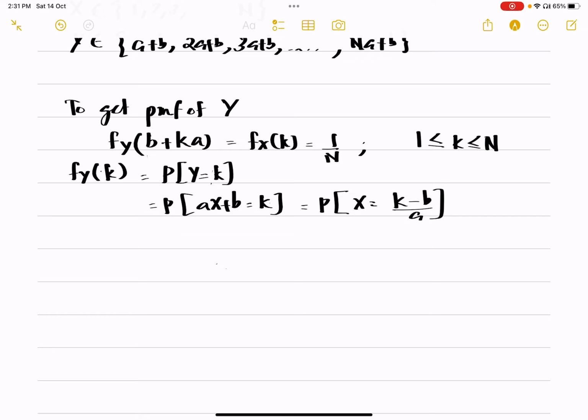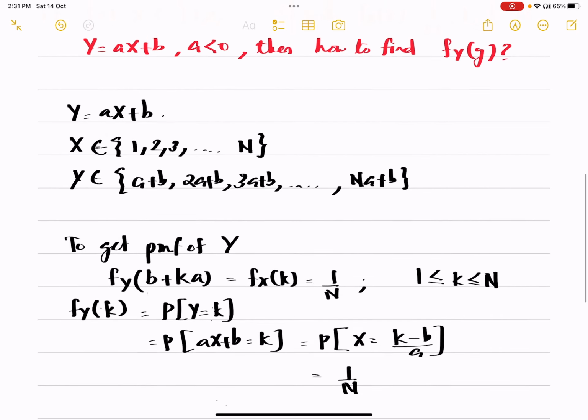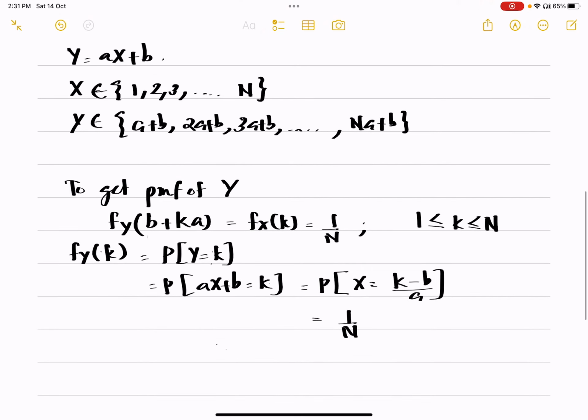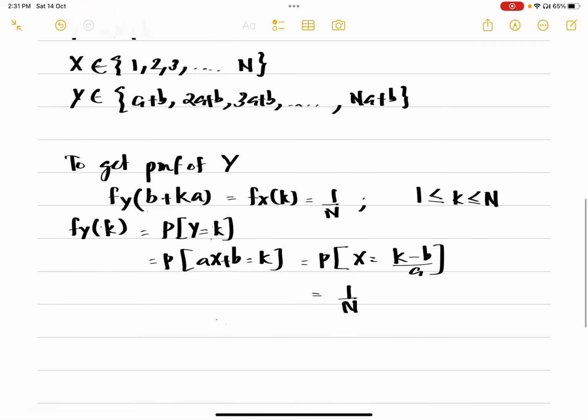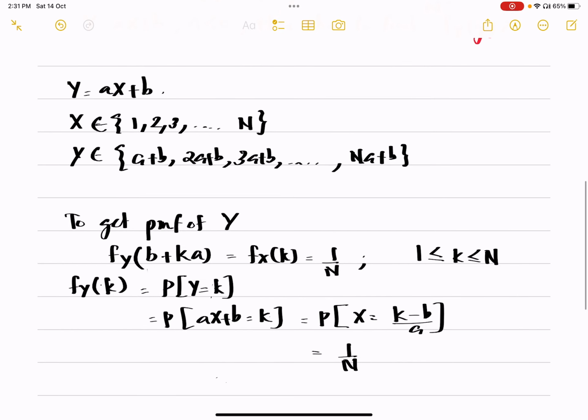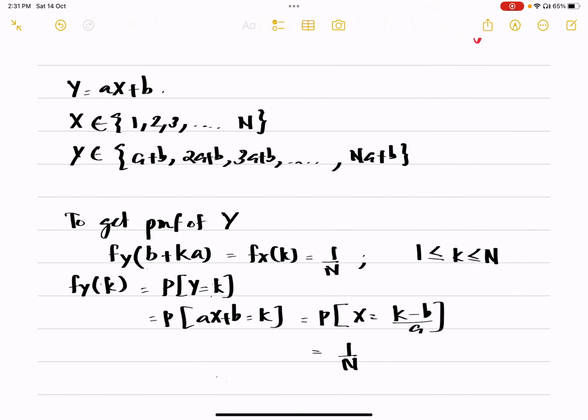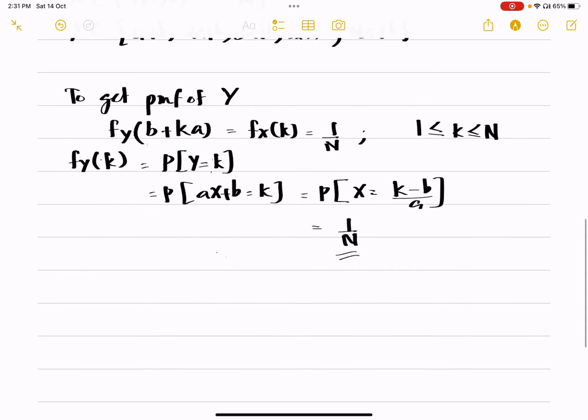This is an event. What is the probability of this particular event? This is equal to 1 by n. Why? Because the probability of x equal to x is actually 1 by n for any event. So this is fY of k.